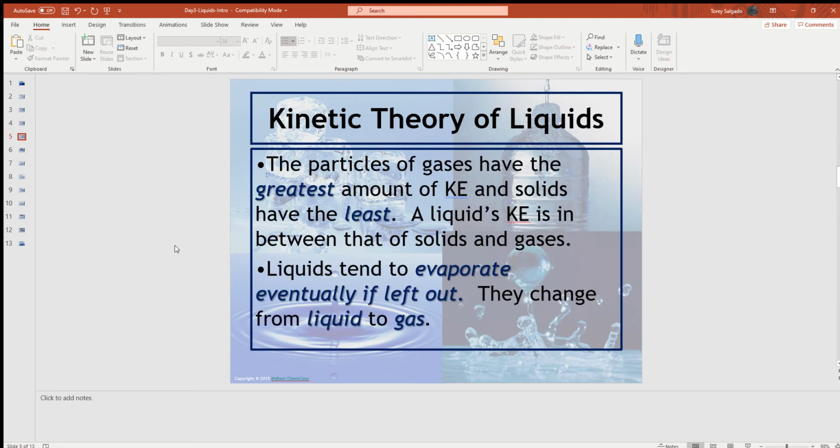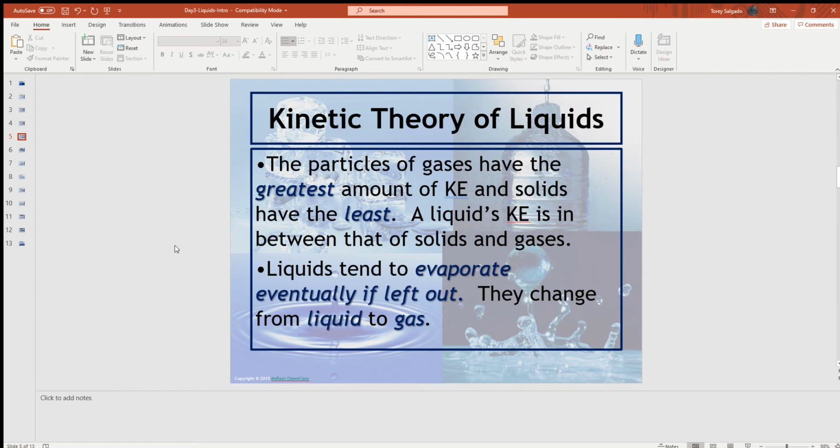The particles of gases have the greatest amount of kinetic energy. We talked about this last time. The kinetic energy of those molecules depends on temperature. If we increase the temperature, those gas molecules are going to be nice and hot and ready to move around, lots of kinetic energy.